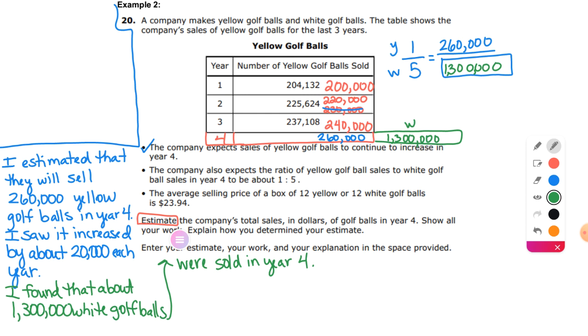How could I type that with a regular keyboard? Dane? 260,000 slash 1,300,000. But that's not all of my work. That's just part of it. 1/5 times. Yeah, so I set up the ratio.